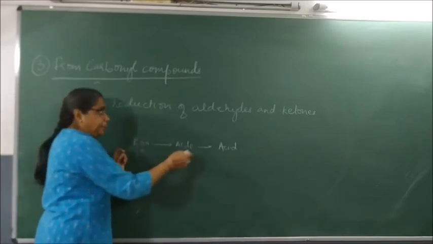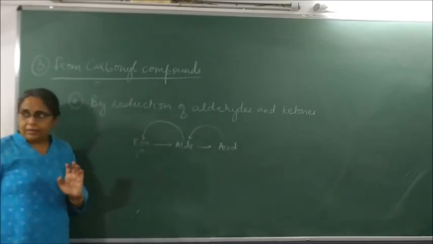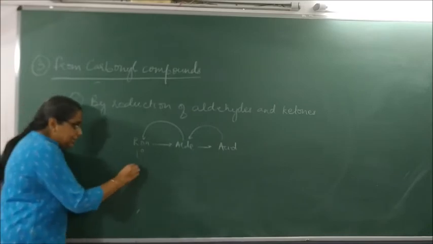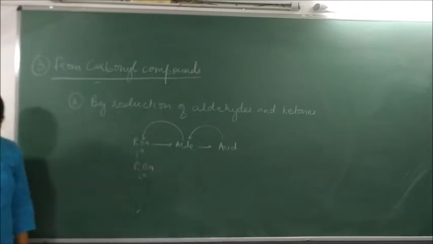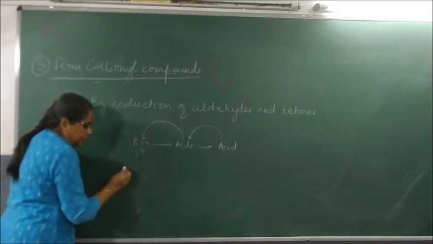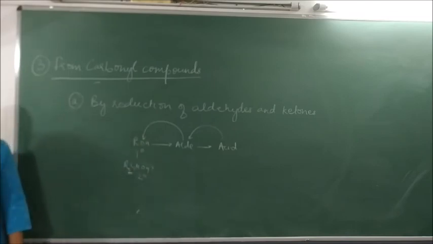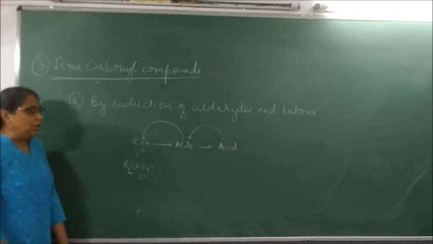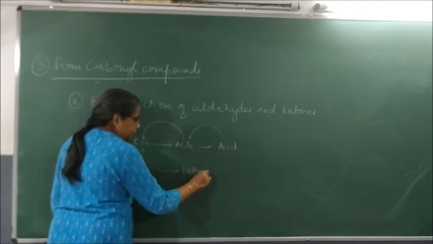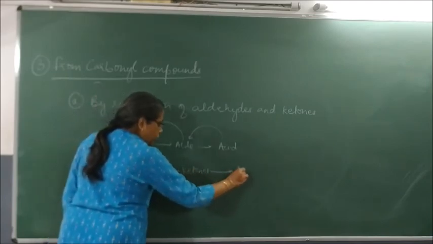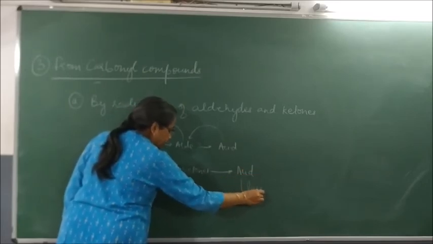So it is the reverse. Acid on reduction gives aldehyde, which on reduction gives alcohol. If I take secondary alcohol, R2CHOH, on oxidation it gives ketone, and ketones on further oxidation give acid containing one less carbon atom.